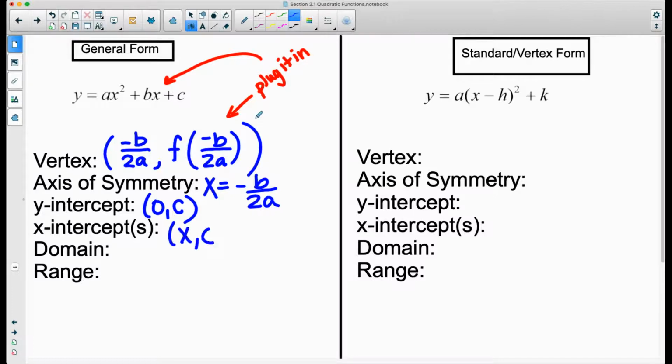They're just going to be our x value and 0. Majority of the time, you're going to have 2 of them. Sometimes you'll just have 1. And that's called a double root.